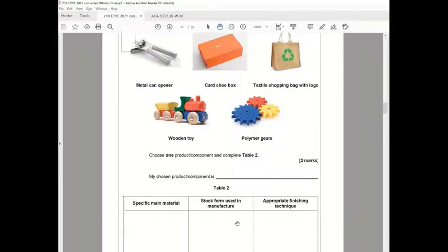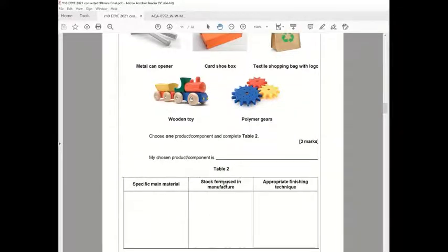All right, but the stock form used in manufacture, that means what would you ask for when buying that particular timber? For example, if it was made out of MDF, which is a manufactured board, you would ask for a sheet of MDF or a board. If it was nylon, for example, which is a polymer gear, this would probably come in beads of nylon.